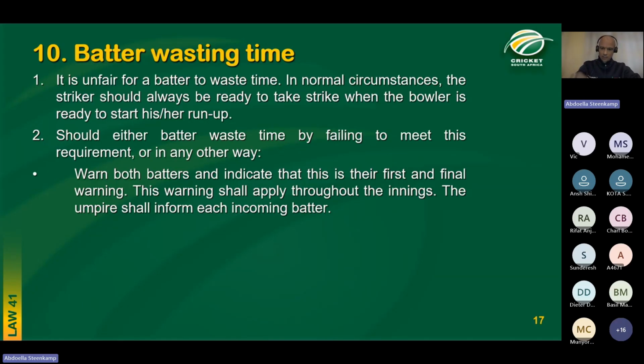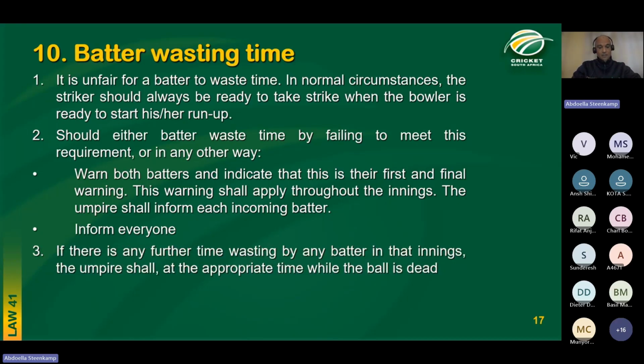And because it's a team warning, let's say the opening batters were wasting time, each and every incoming batter, you need to inform them that your team is on a first and final warning for wasting time. And then you need to inform everyone.